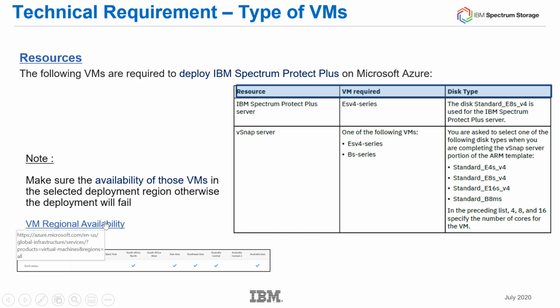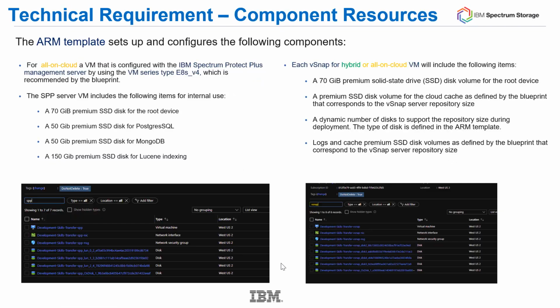the most recent availability. Now the ARM template is going to set up and configure the following components depending if you're doing an all-in cloud or if you're doing a hybrid. So for the Spectrum Protect Plus server, which is an all-in cloud deployment, the Spectrum Protect server virtual machine is going to include 70 gigabytes of premium SSD disk, 50 gigabytes for the PostgreSQL, 50 gigabytes for the MongoDB, and 150 gigabytes for the Lucene indexing.